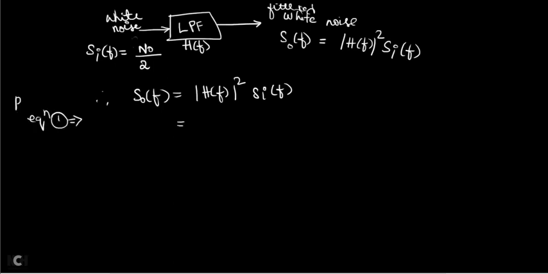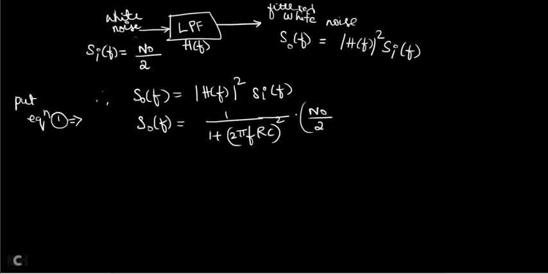So S0 of f is equal to 1 divided by 1 plus (2 pi f RC) whole square, into Si of f. Si of f is N0 by 2. So now what do we need to find out? Next step is to find the output noise power.